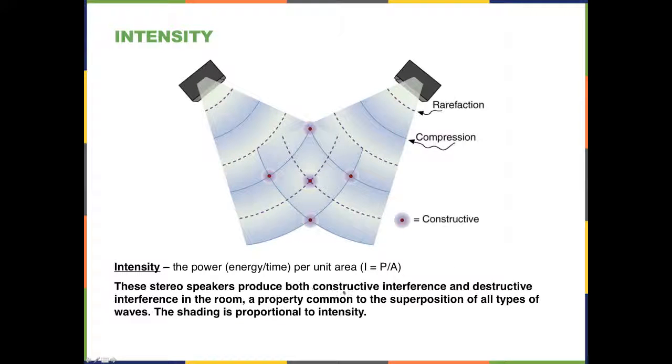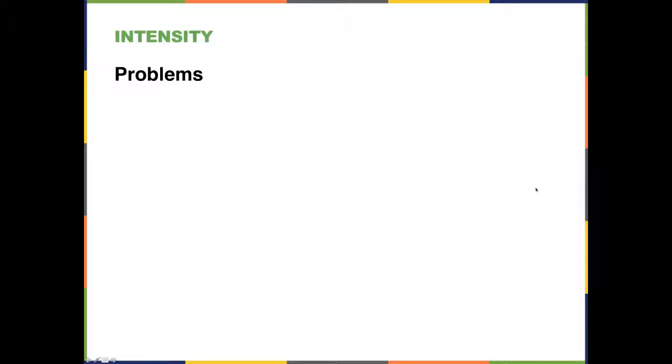Here you have stereo speakers producing both constructive and destructive interference in a room. This is common to all superposition of waves. The shading is proportional to the intensity. Where you have constructive interference, you have greater intensity. Where you have destructive, you have lower intensity. And this is sound waves, but intensity is not only sound, but also light, etc.